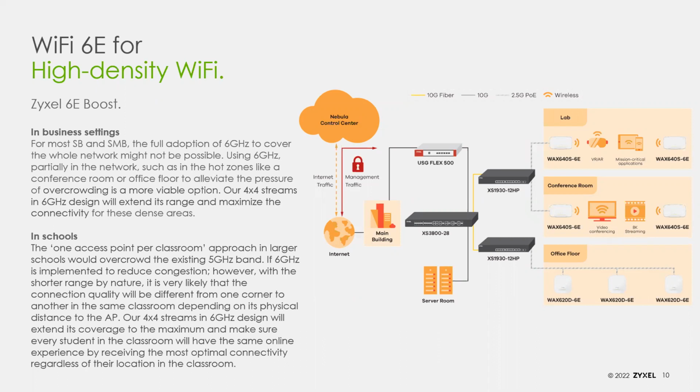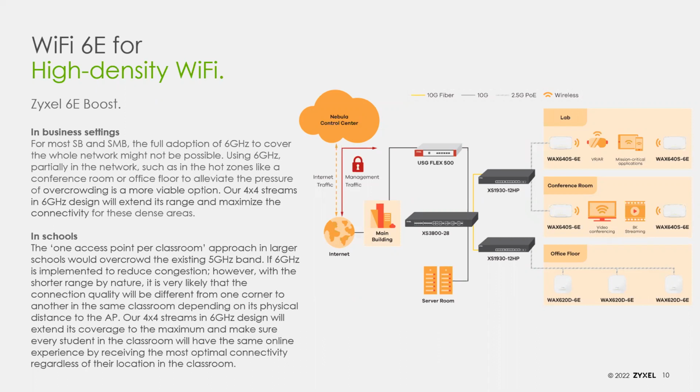That's because you've got a lot of students crammed into a room, and rooms right next to each other. So you quickly end up exceeding the available spectrum for 2.4 and 5 gigahertz users. So 6E, using that 6 gigahertz spectrum, is going to be a big benefit there.